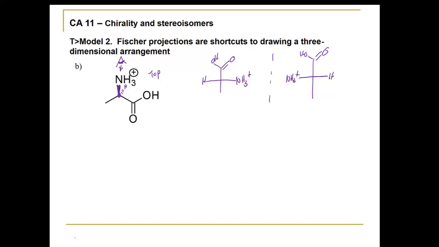And just for completeness, in case you did it a different way, let's say we put our eyeball down here and look upwards. So the Fischer projection in that case would be that you've got your carboxylic acid over here coming out at you. You've got your CH3 on the other side. And at the top you would have your protonated amine, and at the bottom you would have your hydrogen.